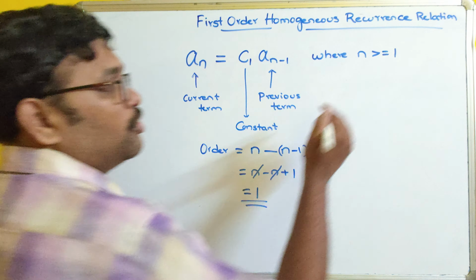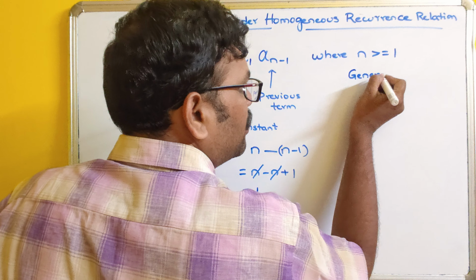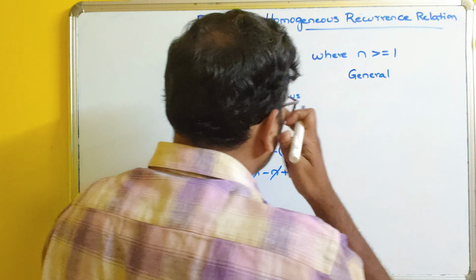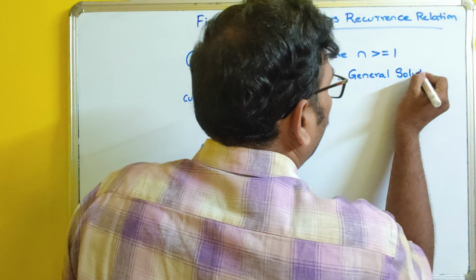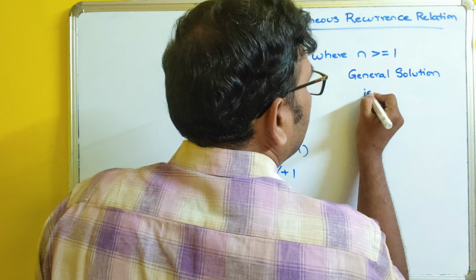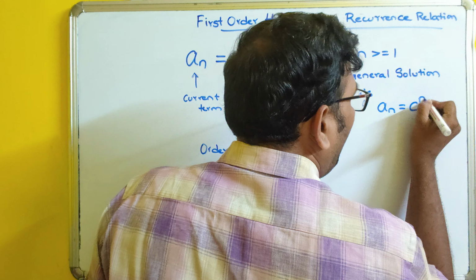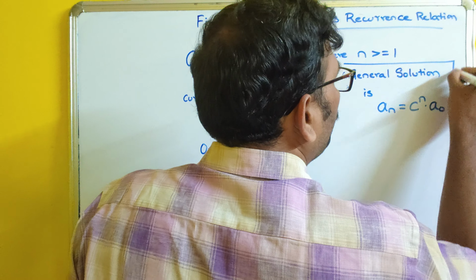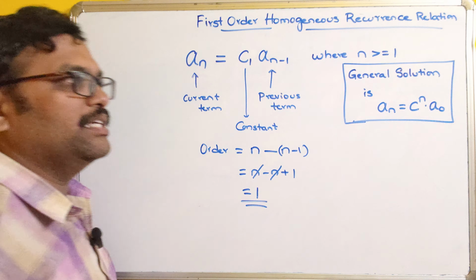Now the general solution, I'll write here, general solution for any kind of problem regarding this first order homogeneous recurrence relation. The general solution is an is equal to c power n into a naught. So this we have to remember. This is for first order recurrence relation.